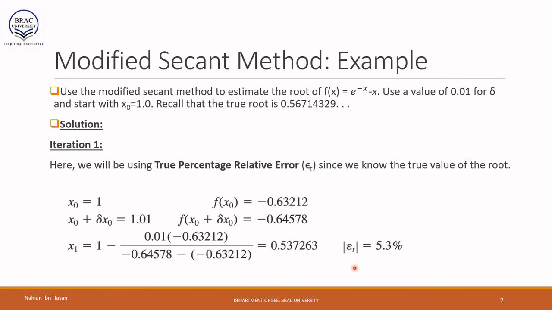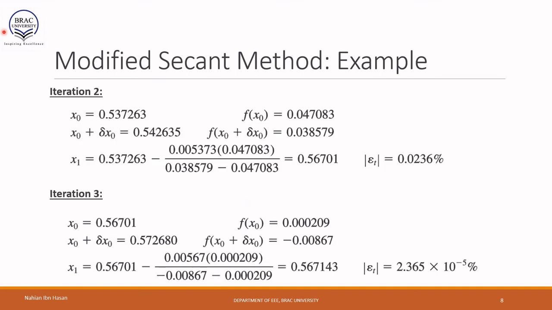In iteration 2, we now use the new approximation as the starting point, which is 0.53763. We derived it from iteration 1, and then we calculate f of x naught plus delta x naught and its corresponding function value, and we substitute all of these values into the modified secant formula, and we get our new approximation of the root, which is 0.56701.